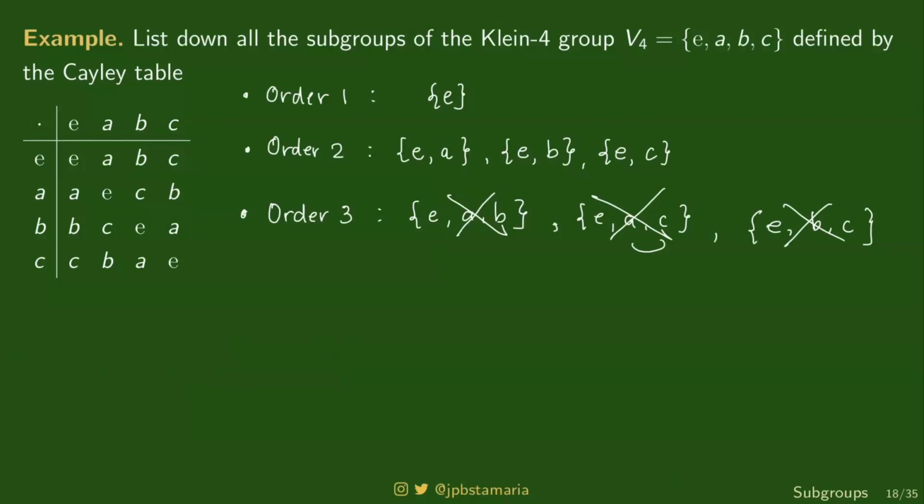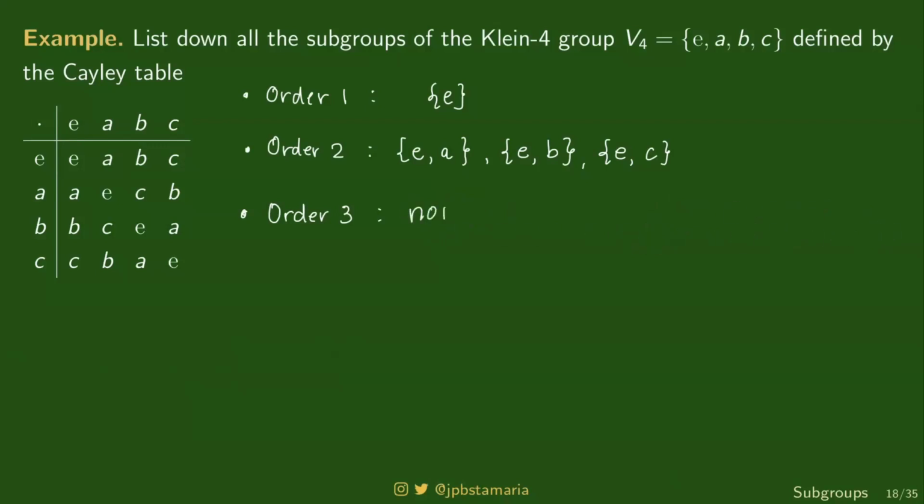Meron bang subgroup of order 3? Makita nyo? Pwedeng wala kang subgroup of a given order. Order 4, syempre, wala ka ng ibang choice, kundi yung V4 itself. So this is now the complete list of subgroups for the Klein 4 group.